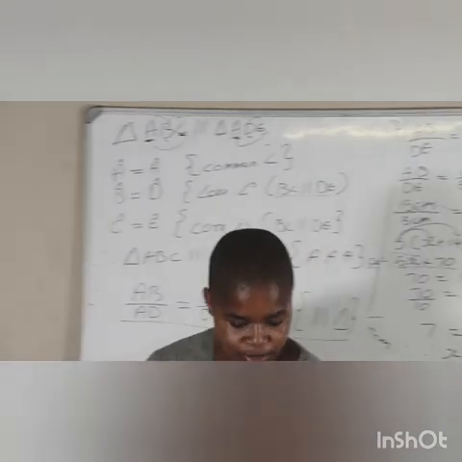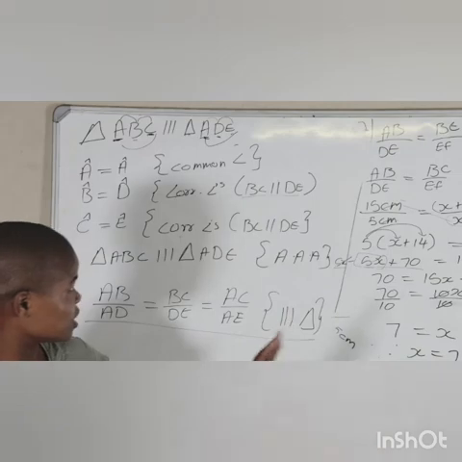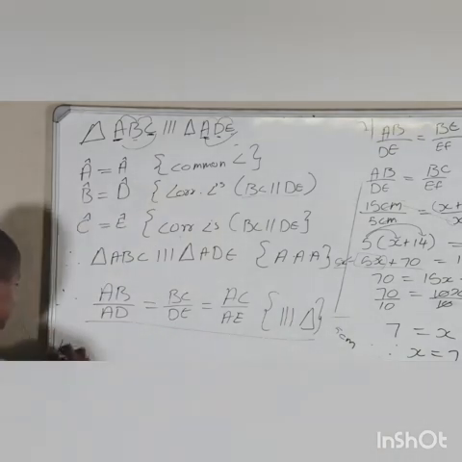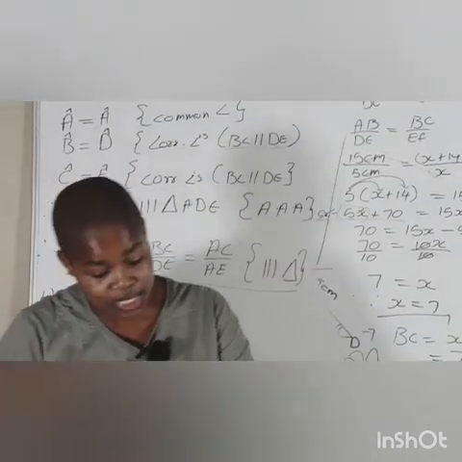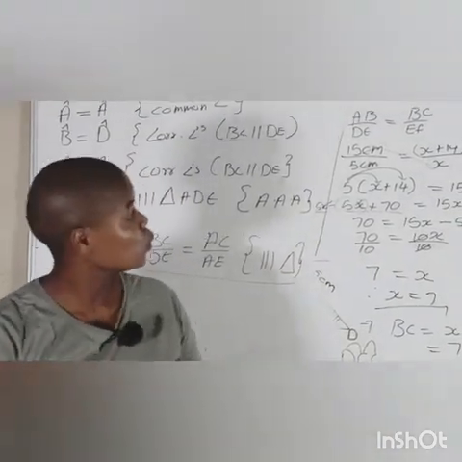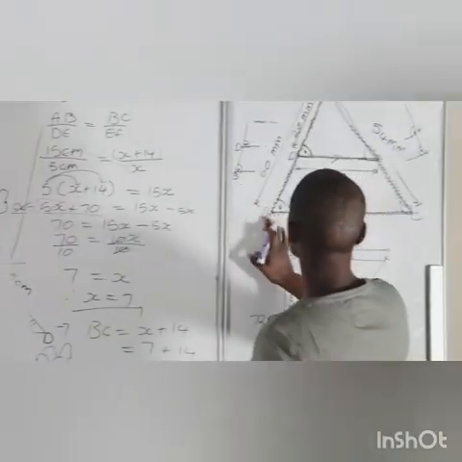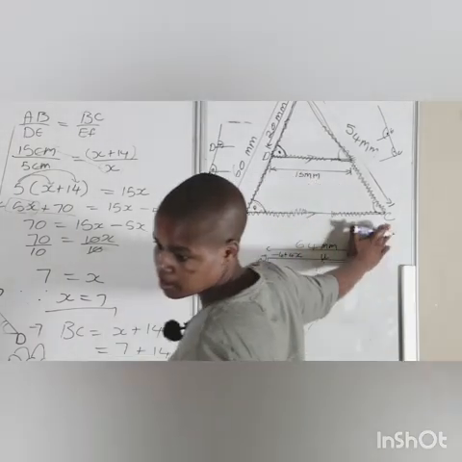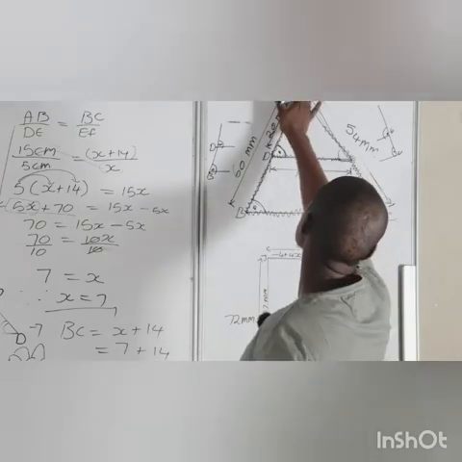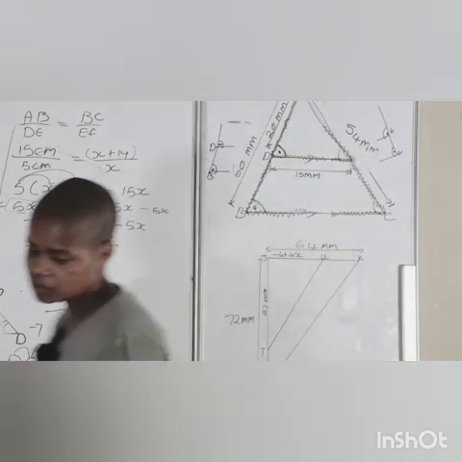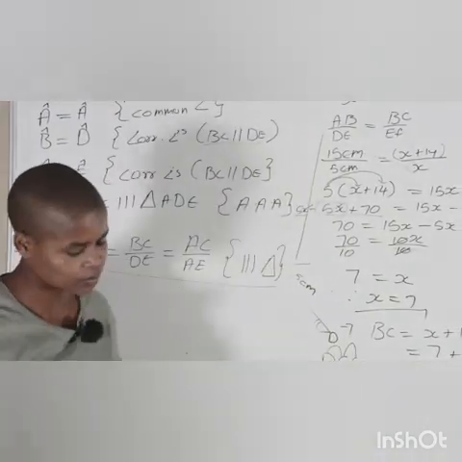So now we are moving on. There is a second question. That was the first question, where they said prove that they are similar. So letter B, they are saying, hence determine the length of BC and AE. Ooh, not a big deal. We are just going to take it easy and focus.